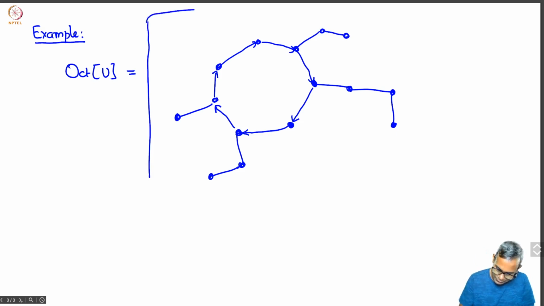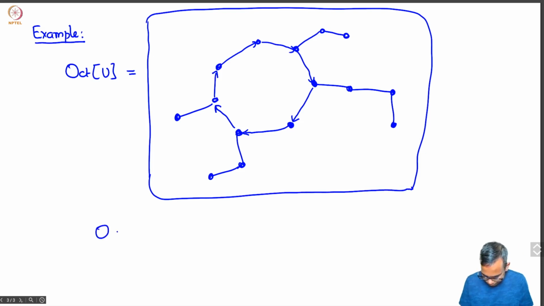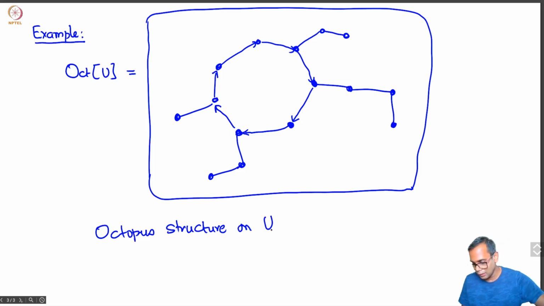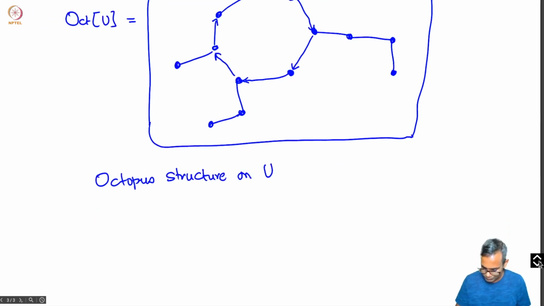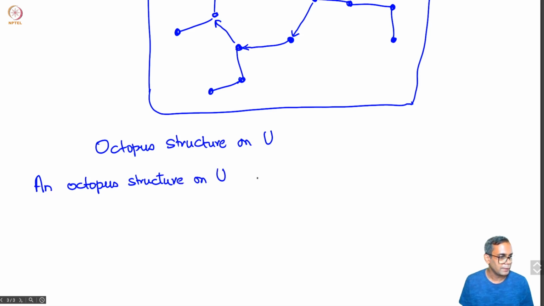For good measure, as traditional, I'll enclose it inside a box. And what would you formally define an octopus structure on U? It is a simple graph structure on U. It should be connected.